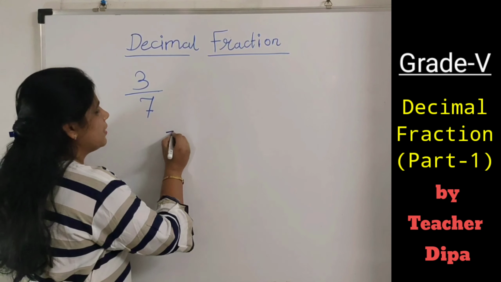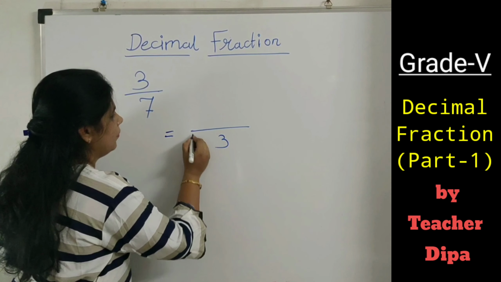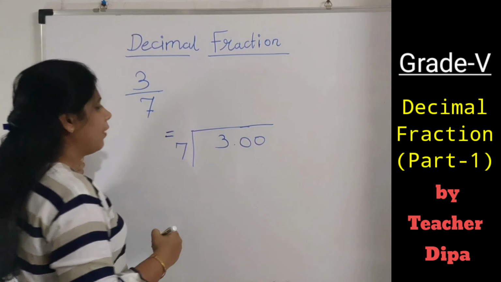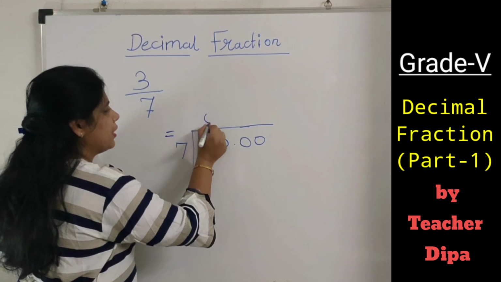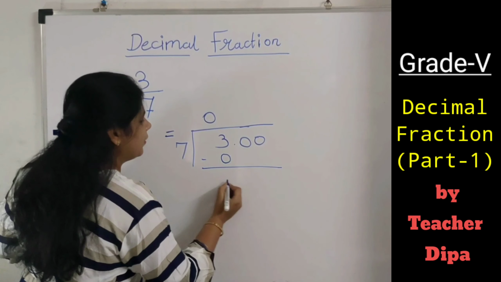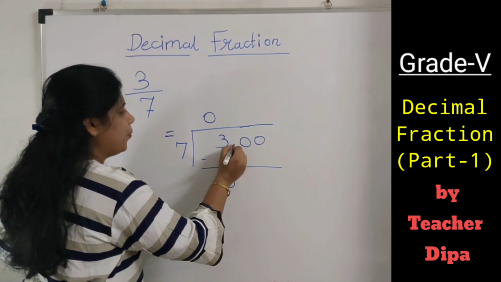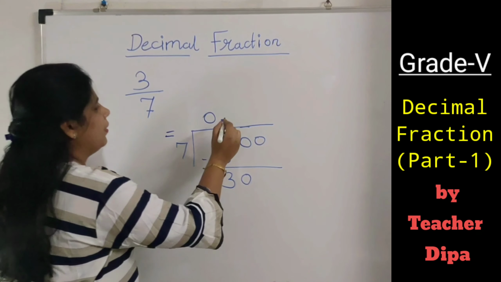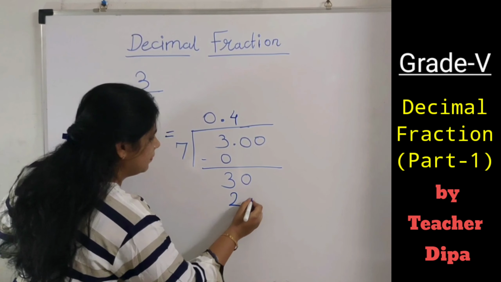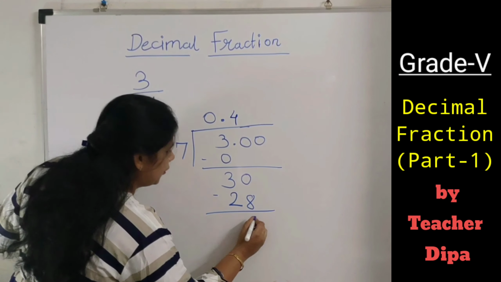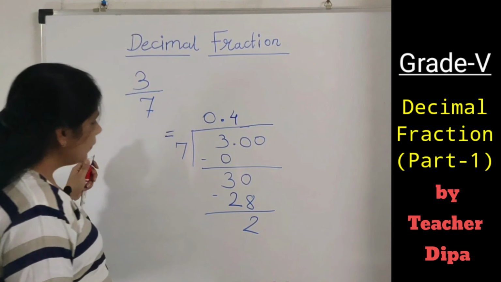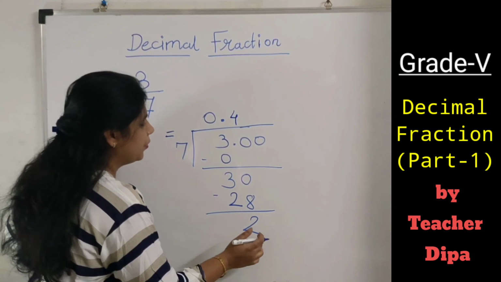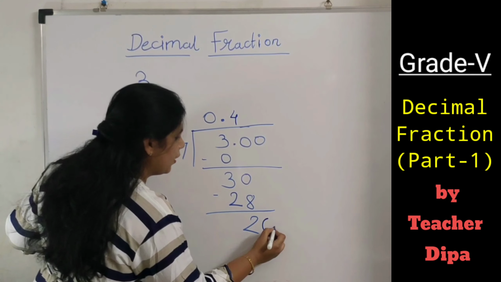So for that we just take 3 and 7 as they are, as we know how to divide it. So 7 zeros are 0. We can get 3 added down. We have to put the decimal point as it is and we put 3 here, and 7 4s are 28, again the 2 will be the remainder. Again we cannot subtract 7 from the 2, so again we have to take 0 here.